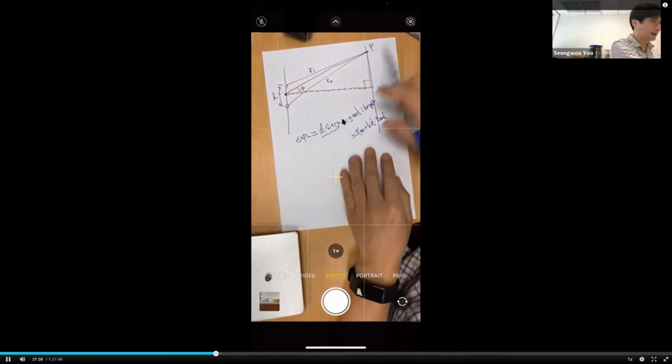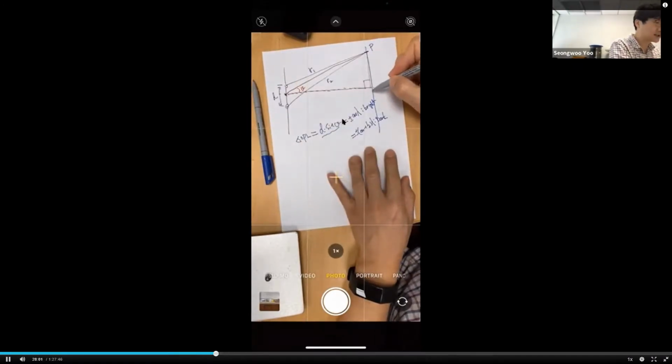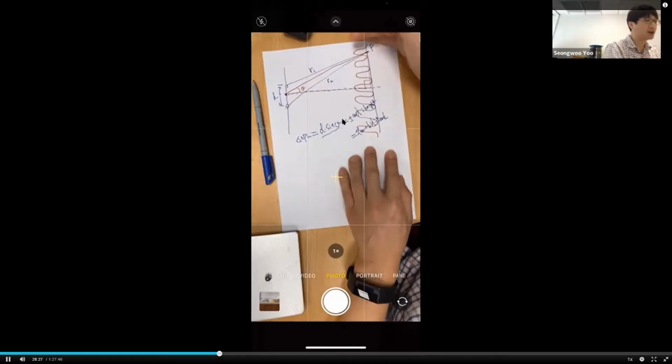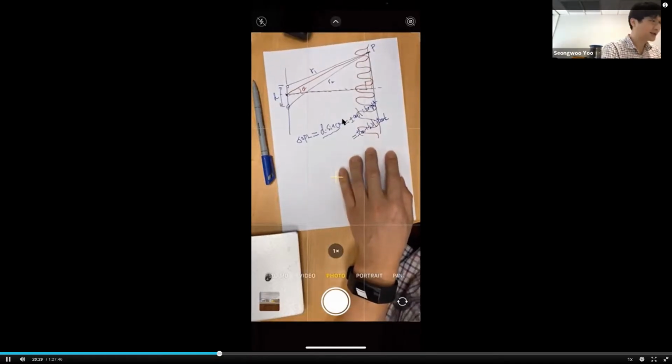So I can draw the fringe pattern like this. We have a bright fringe in the center, and then dark fringe, and then bright fringe again, dark, bright, dark, bright, dark. And then we have the symmetric pattern below this center line. So bright, dark, bright, dark, bright, dark, bright, dark. All right. So there we have the alternating dark, bright fringes.